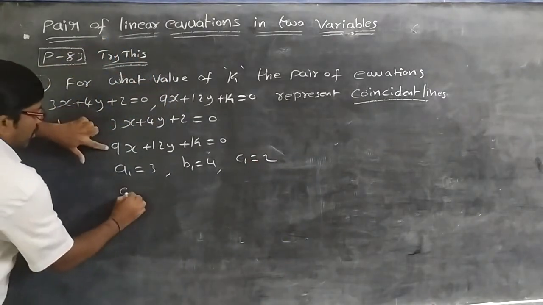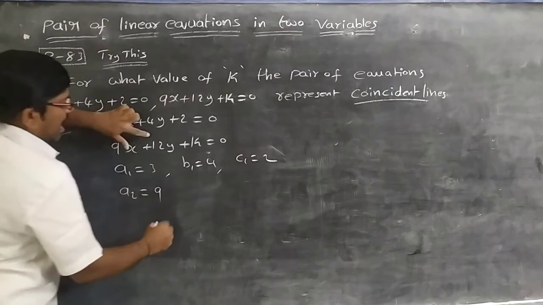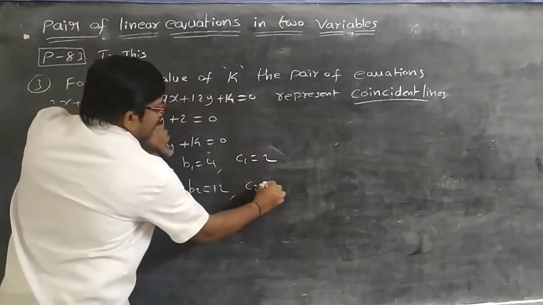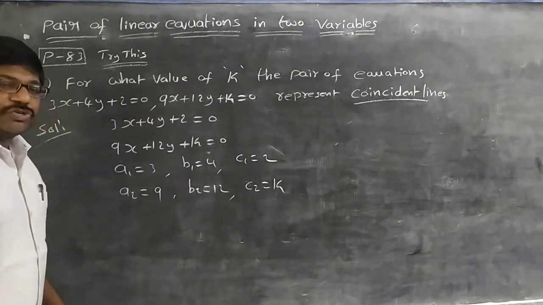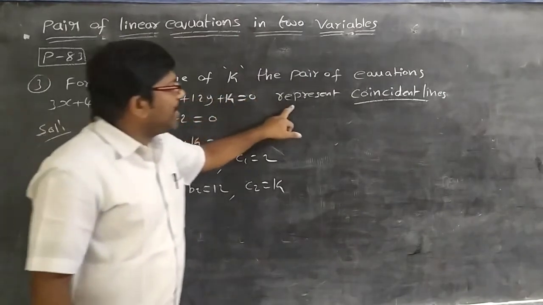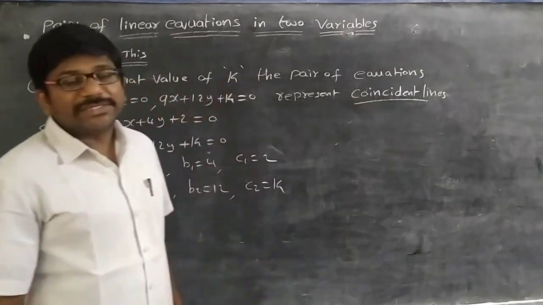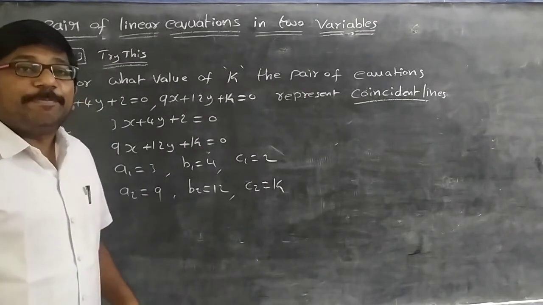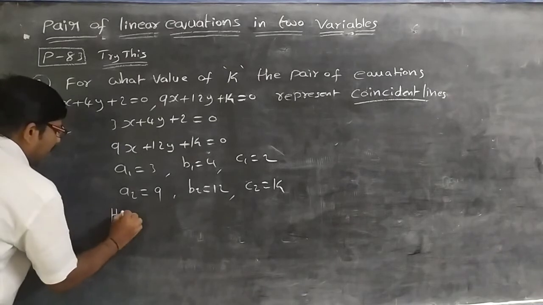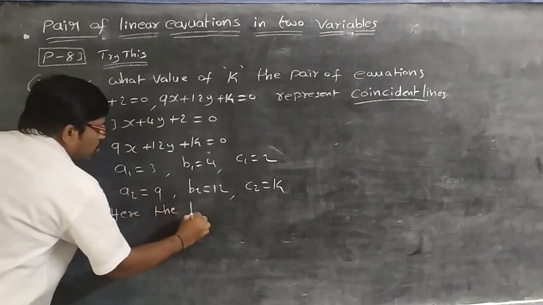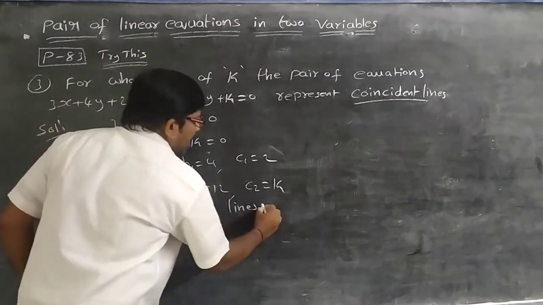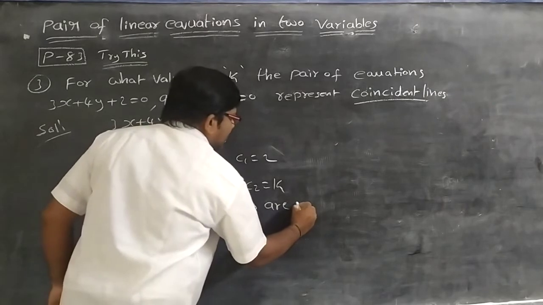Next a2 is 9 and b2 is 12 and c2 is k, right? Now find the ratios. Here these two lines represent coincident lines, meaning coincident means dependent, right? Here the two lines are coincident lines.